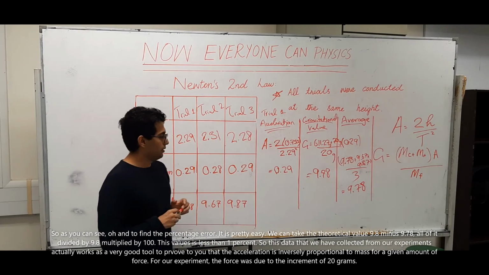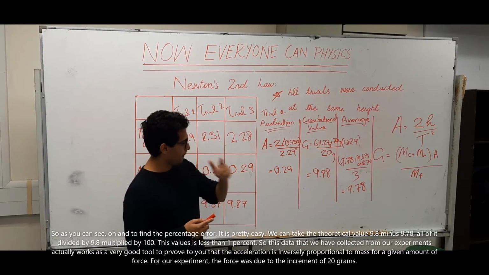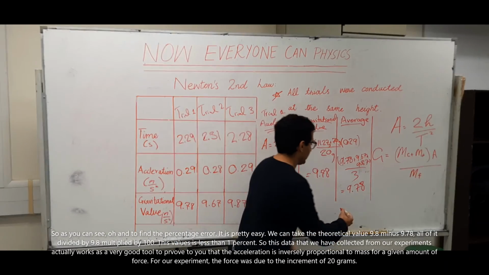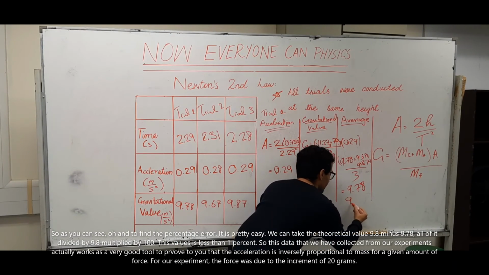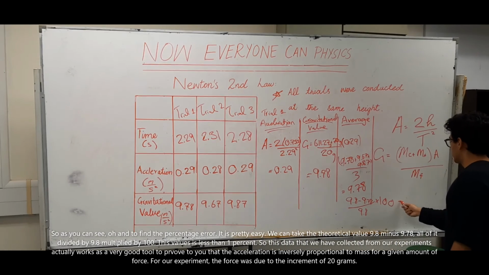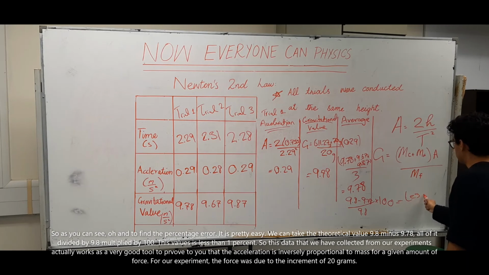If you do want to find the percentage error, it's really easy. You can find the percentage error by taking the theoretical value, 9.8 minus 9.78, all of it divided by 9.8, multiplied by 100. This value is less than 1%.